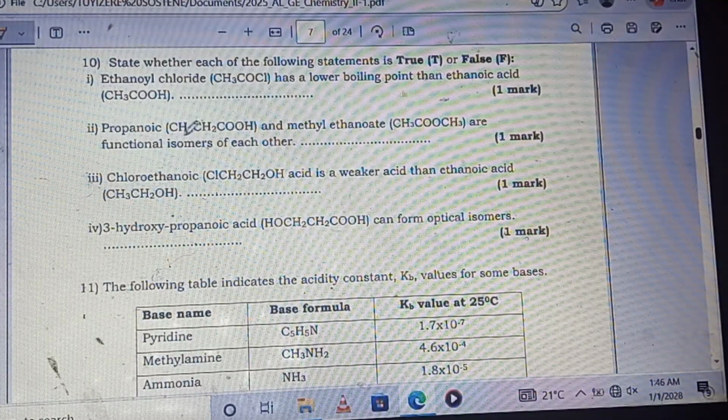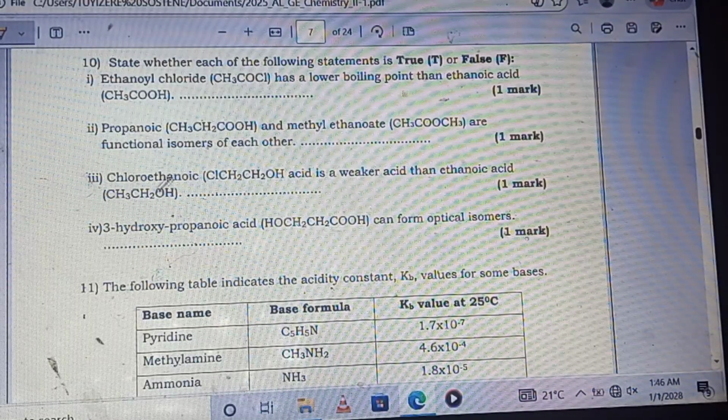I2, propanoic acid and methyl ethanoate are functional isomers of each other. Is it true or false? The correct answer is true.